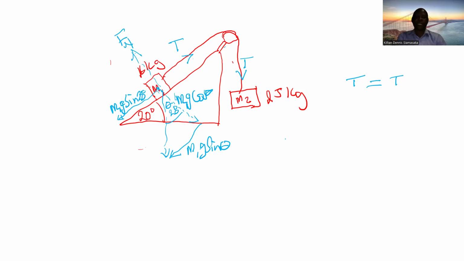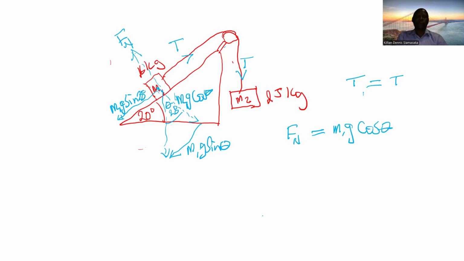So in other words, we are saying the normal force, which is perpendicular to the plane of the incline, is equal to m1 g cos theta. Okay.